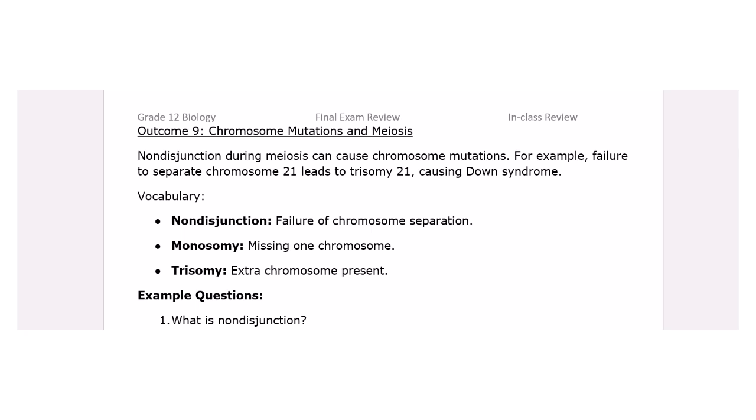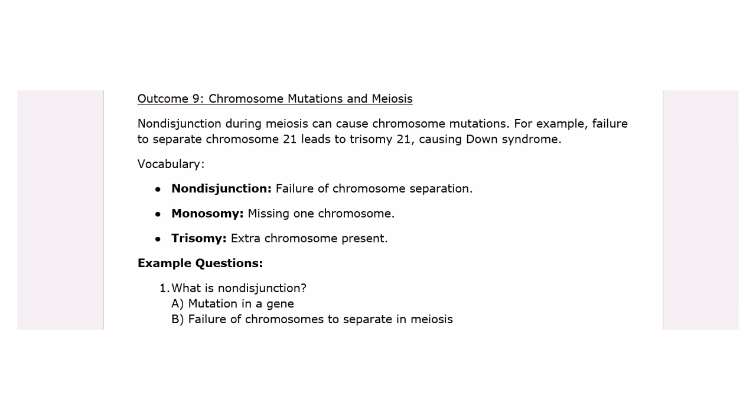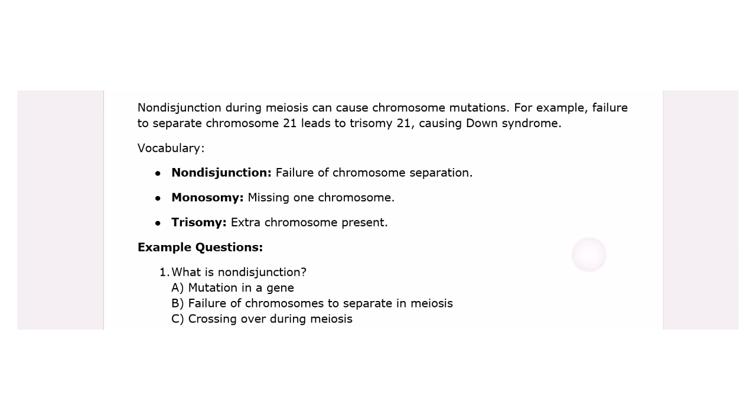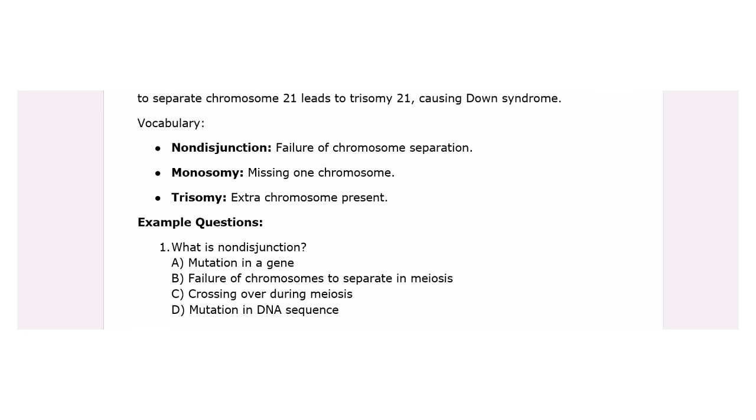But non-disjunction can happen at other chromosomes, right? And it depends. The bigger the chromosome, if someone's missing one of them, the less viable, right? Because that's where a lot of the information is stored. So non-disjunction is when they don't separate properly. Monosomy, mono means what? 1 and tri means 3, right?